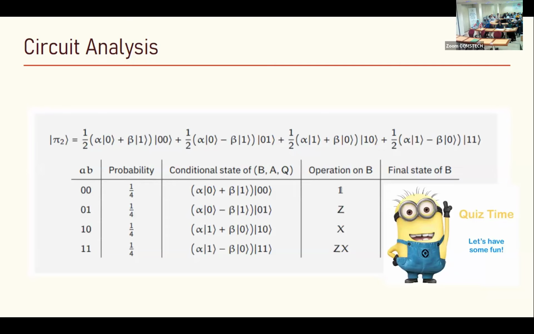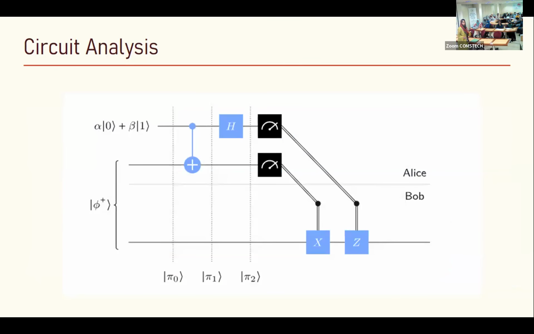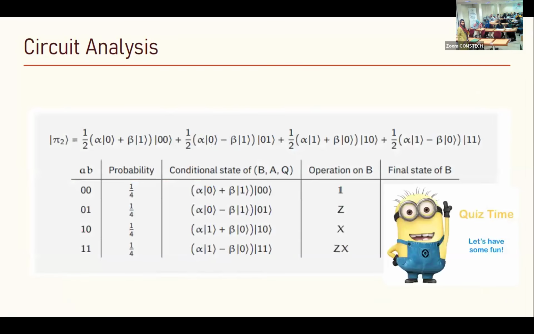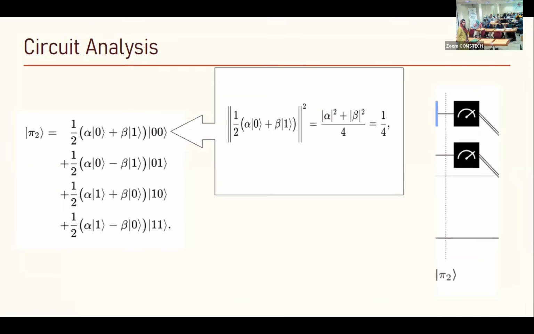Yes? Now I have a question. 0, 0 had 25% probability. Now, suppose that we get 1, 0 as an output. What happens when we get 1, 0 as an output? Okay, when we get 1, 0, the qubit that is being translated is this. See your calculations. It was not always this, it was this.